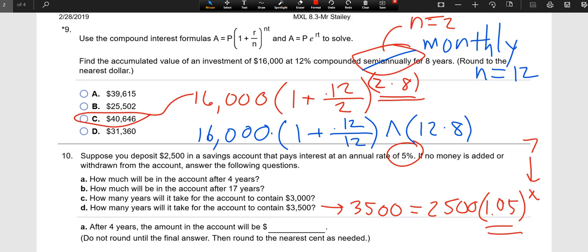And then it's 12. You use a parenthesis, and then you type 12 times 8, and then an end parenthesis, then an equal sign. So after you get done hitting this parenthesis, you hit an equal sign. Then the last thing you do is to multiply times 16,000.